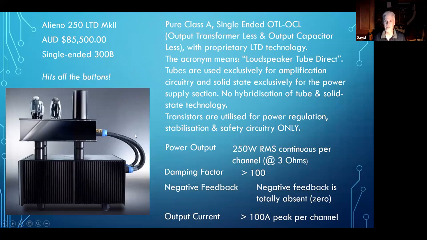And then you look at the specifications. Power output 250 watts into 3 ohms. Damping factor greater than 100. Negative feedback is non-existent. An output current of more than 100 amps. Well, a 300B might have a current capability of a quarter of an amp, maybe. So what's going on here?